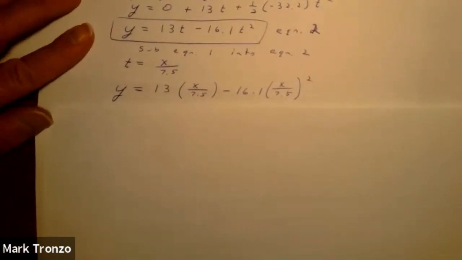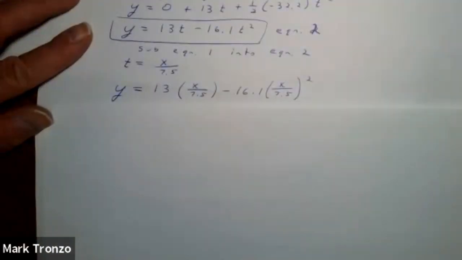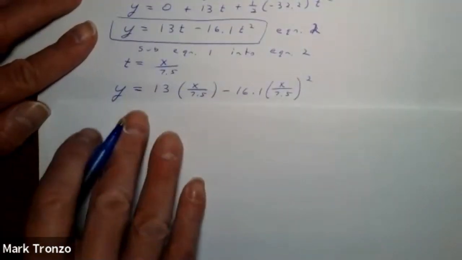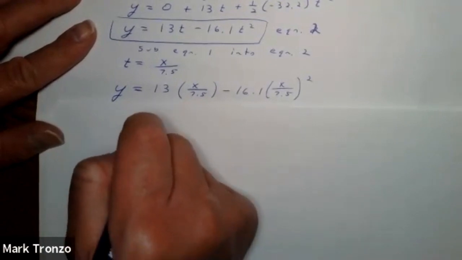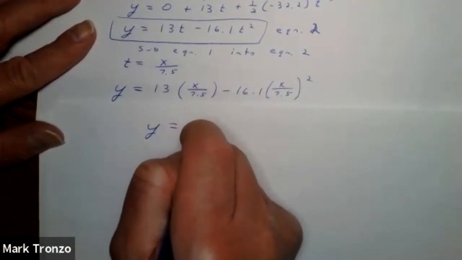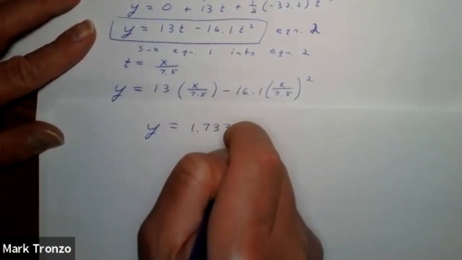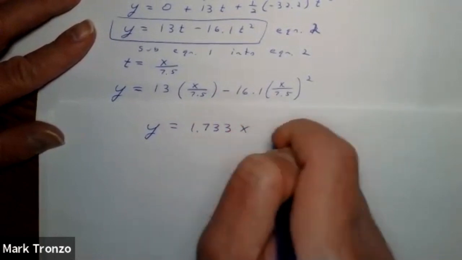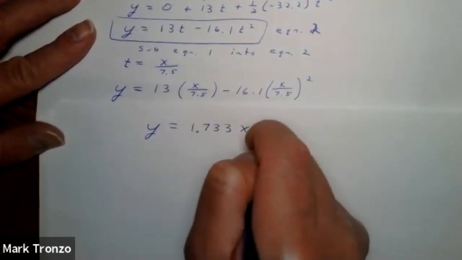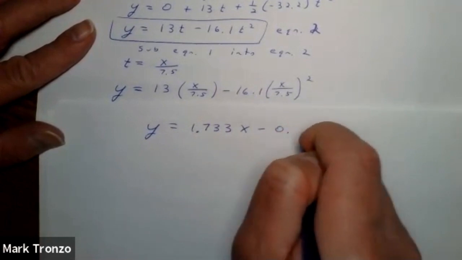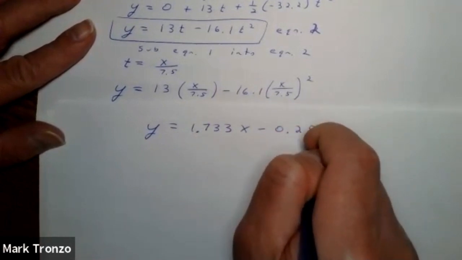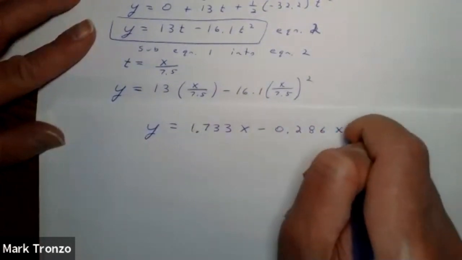And now if you square that 7.5 and divide it out on the second term and just divide it on the first term, if you put that in your calculator, this will all simplify to 1.733 x minus 0.286 x squared.